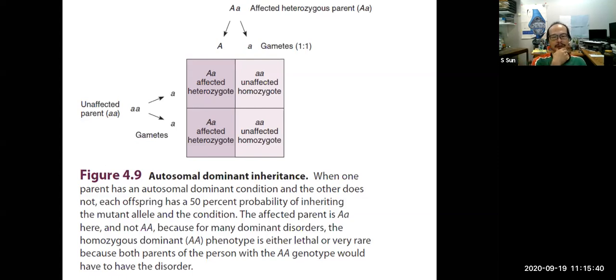So this one is just showing you again the dominant inheritance, basically that even though the parents are heterozygous with a recessive allele, the result could be 50-50, right?